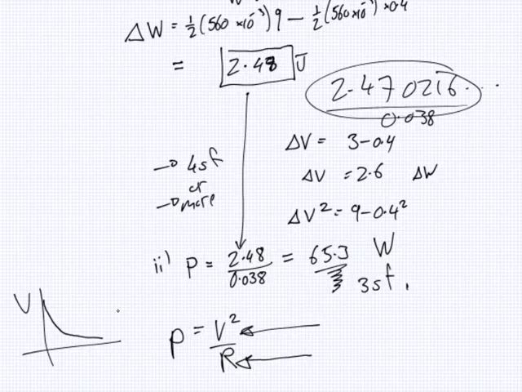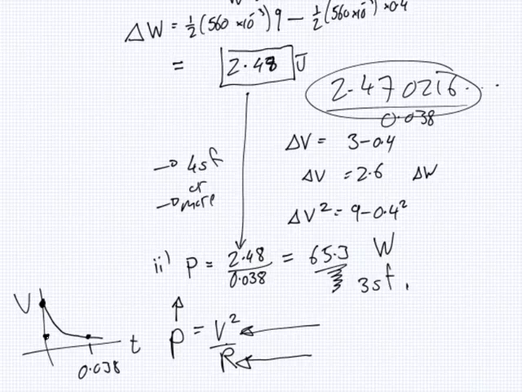Well, because if you did want to use this, you would have to use the average voltage. You can't use the 3 because that's the voltage at the beginning, and if you did that you would be saying the power is too high. You can't use the voltage at the end after the 0.038 seconds because that would be too low.